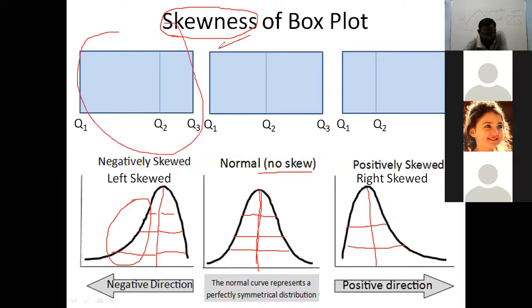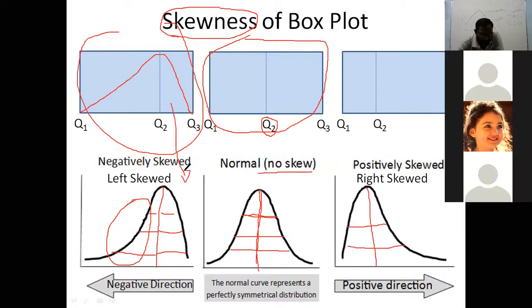So here in the box plot, the Q2 is exactly in the middle, so there's no skewness. But in this box plot, for example, if you draw it like this, it is reflected here, isn't it?